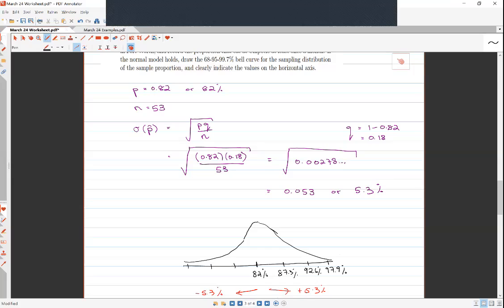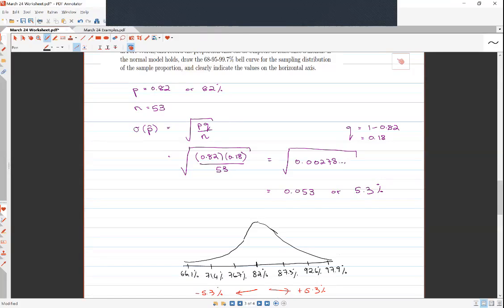And in the other direction, we subtract. So 82 minus 5.3, 76.7%. Subtract it again, 71.4%, and subtract it one more time, 66.1%.